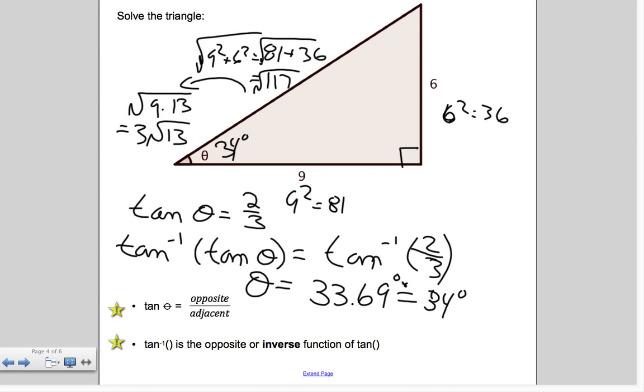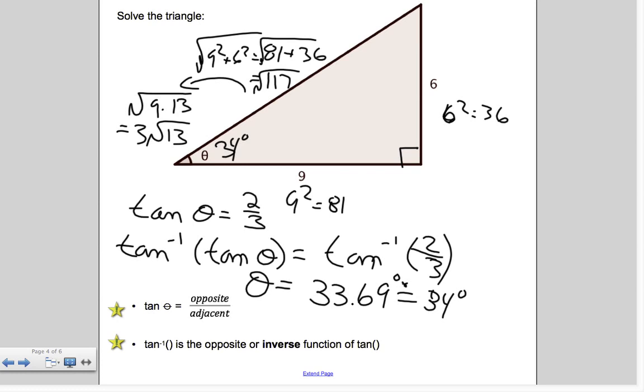It gives you the ratio, given a degree in a right angle triangle, of the opposite side over the adjacent. It doesn't give you the actual side lengths, because we don't know any of the side lengths, but it gives you that proportion. Any questions on that? It might be a little confusing.